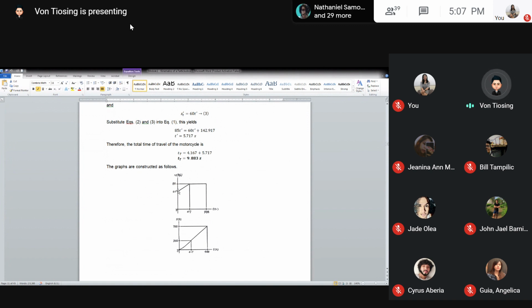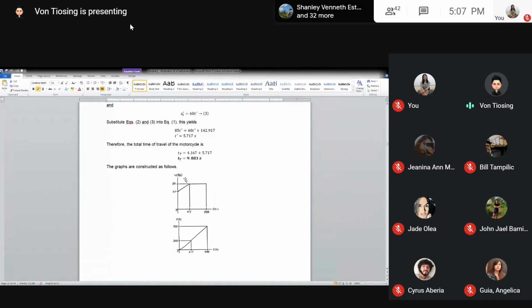In this case, since the acceleration is constant from 60 to 85 feet per second, the increase in velocity is linear. It is a straight line. Then up to this point, the motion is constant at 85 feet per second.